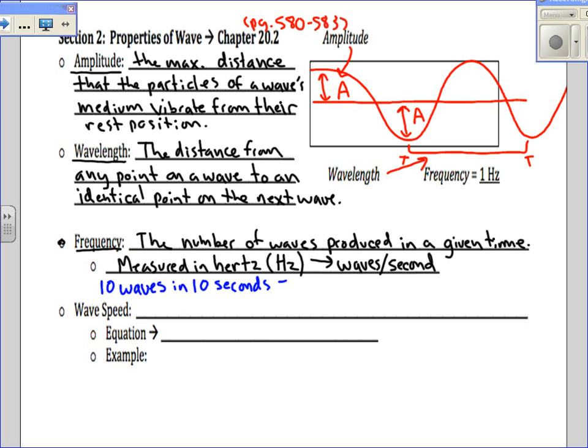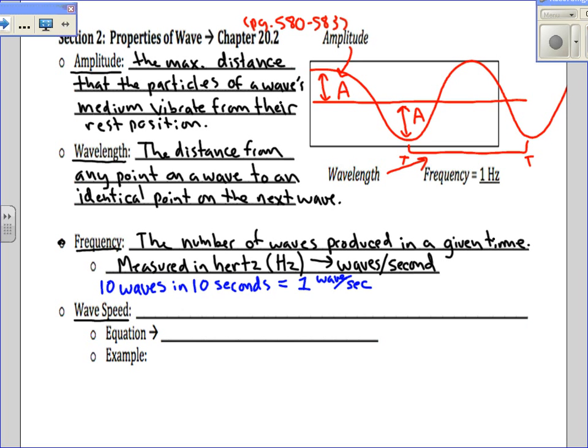So basically, this is going to equal 1 wave per second. So that would be frequency, and that could be measured in hertz. If a wave type has equal amplitudes and the frequency of one is higher, that means it's going to have more energy. So frequency can increase energy as well. You've probably heard of waves that have a higher frequency.